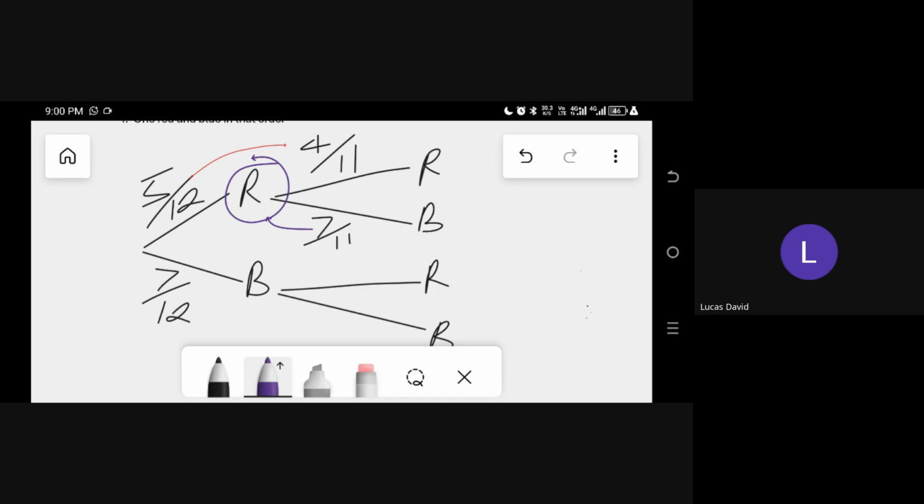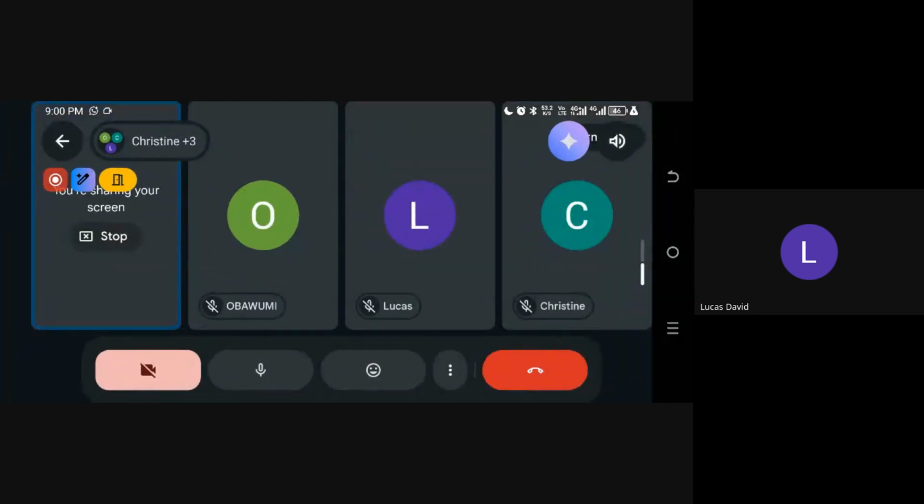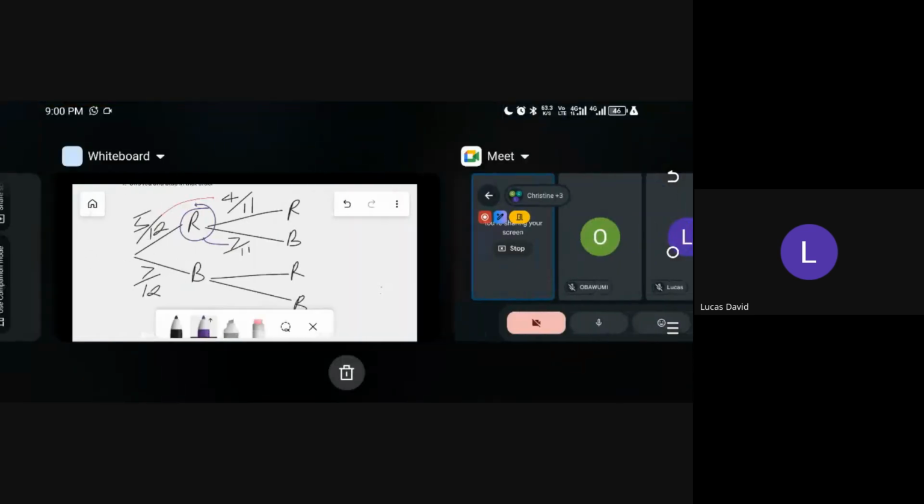look at and answer the last question. Christine, if it was blue we picked the first time, the probability of picking a red the second time, remember we did not replace it. So the probability of picking a red the second time, and it was blue we picked that first time. What would that be? Christine, can you hear me?